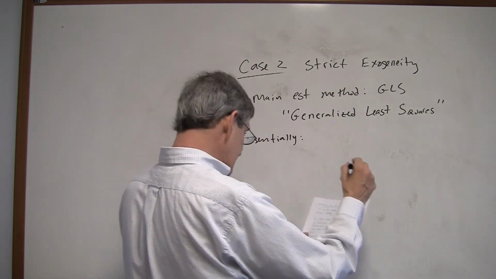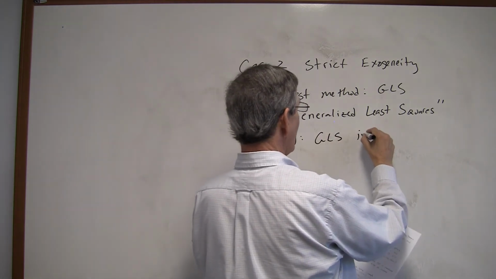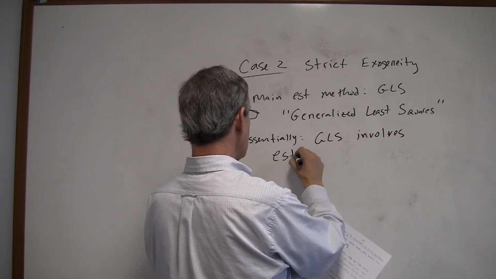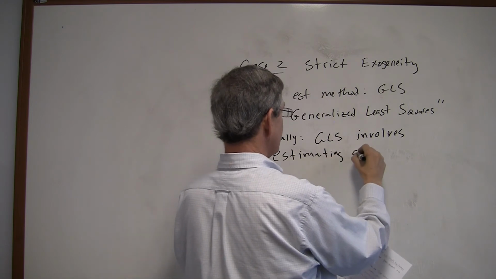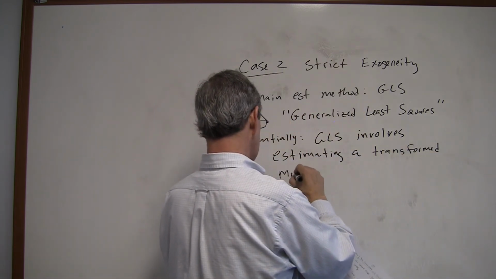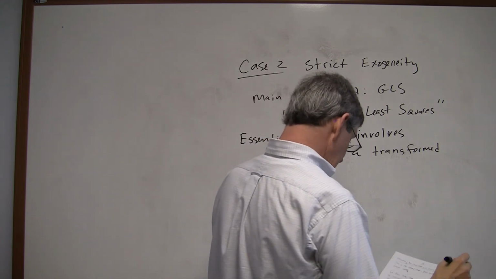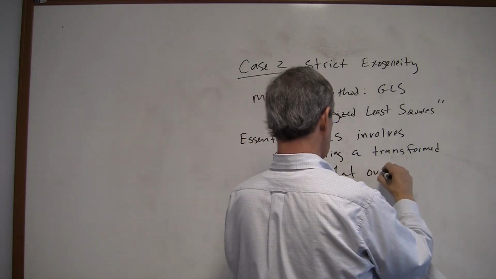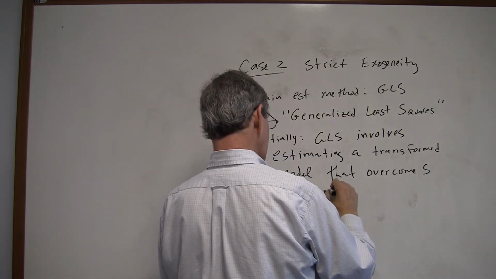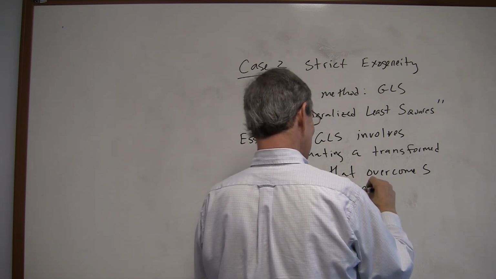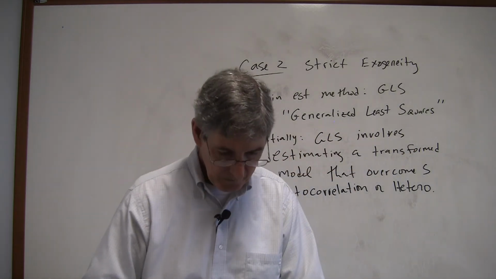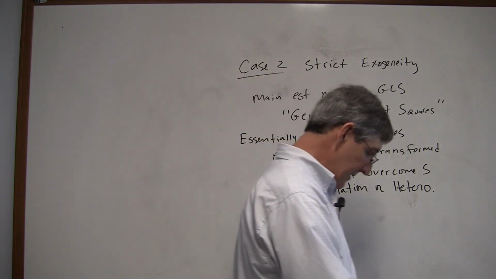So essentially GLS involves estimating a transformed model that overcomes, for us, autocorrelation, serial correlation, same thing, or heteroscedasticity.